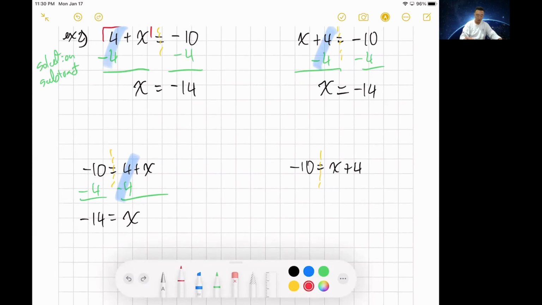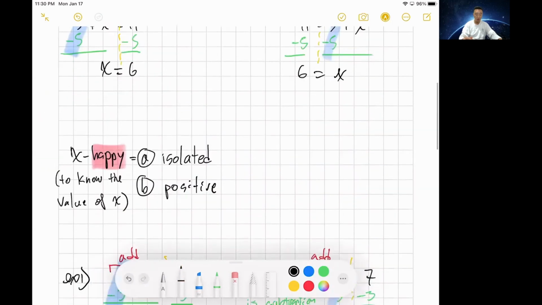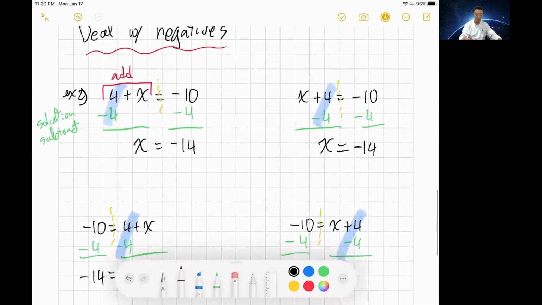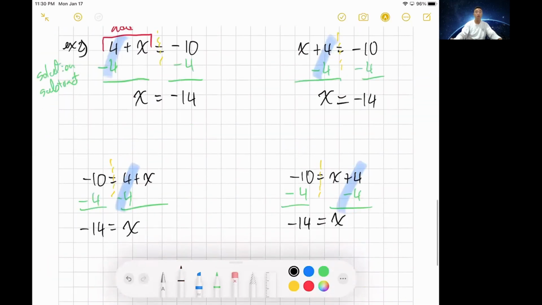So I'm going to go ahead and subtract 4. x equals negative 14. Okay, so that is part 1 of addition relationship with x. Next will be part 2. So go ahead and check it out.